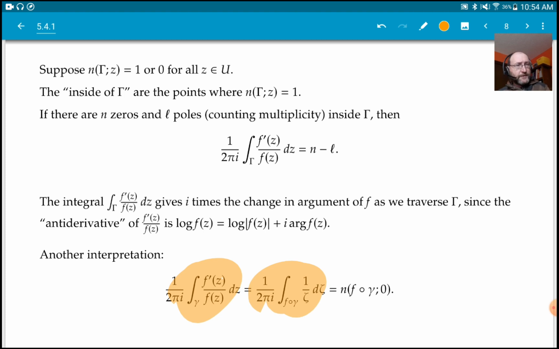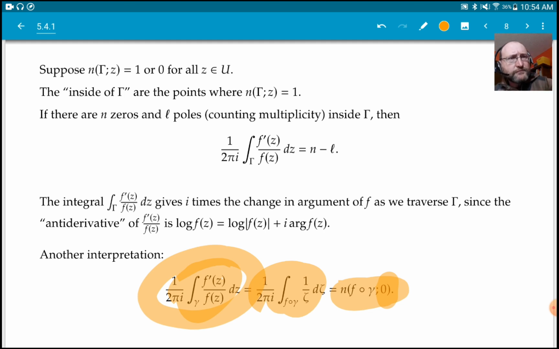Then you're really integrating 1 over zeta around the curve f composed with gamma. So you look at where f takes gamma, and it might make it wind around 0 a bunch of times, and you just count the number of times that it winds around 0. So this is another interpretation of this integral on the left-hand side.